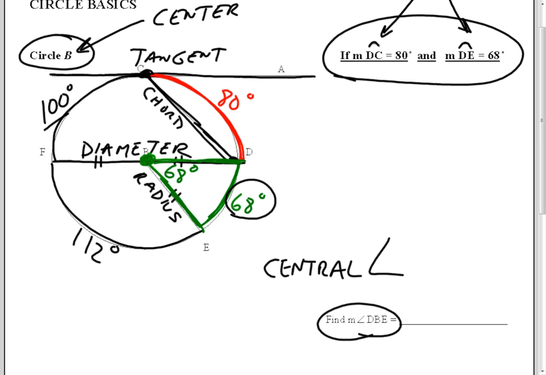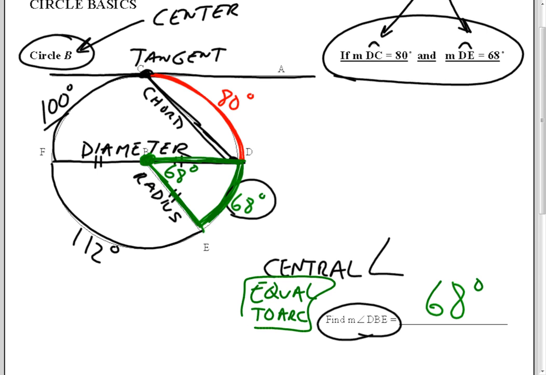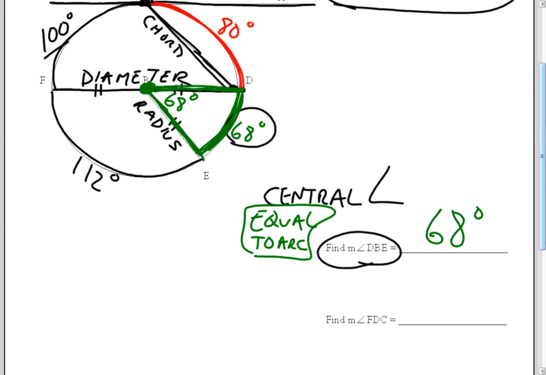I think last class we talked about intercepting arcs. Did we talk about that? This angle intercepts this arc. It catches it. So 68 degrees, our rule here is that it's equal to the arc that's caught.